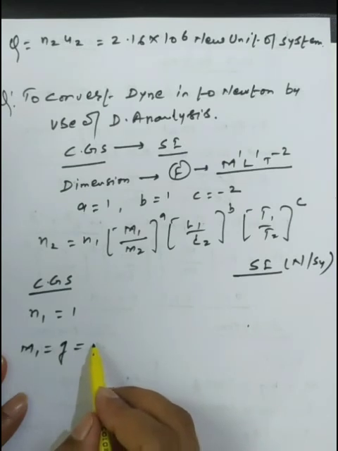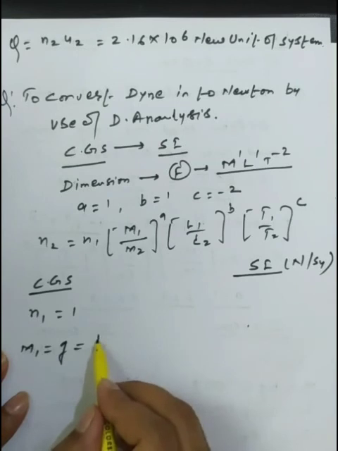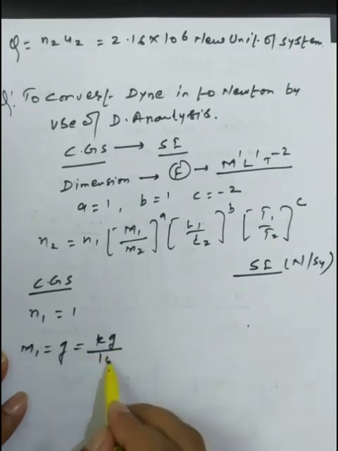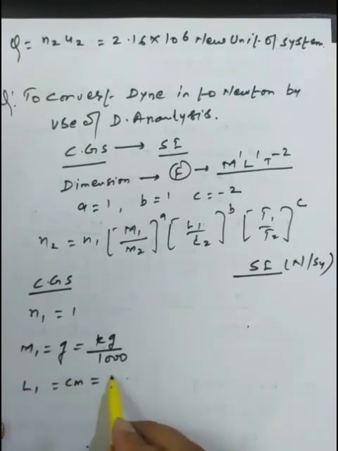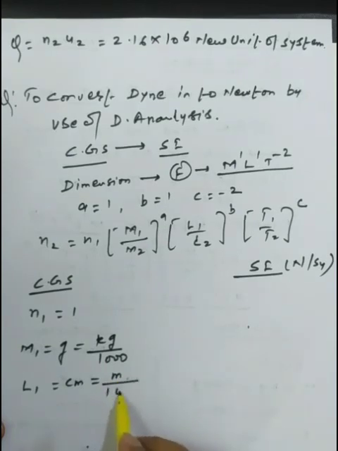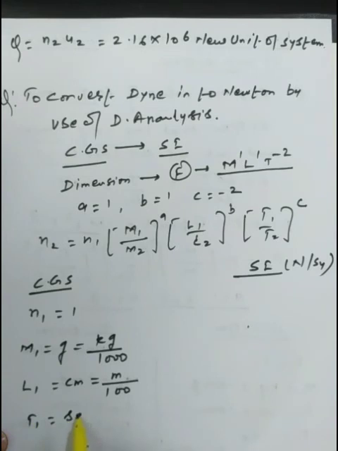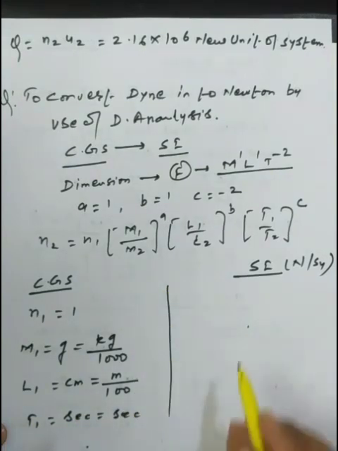We know 1 kilogram is equal to 1000 grams, so gram can be converted into kilogram upon 1000. Similarly, L1 is measured in centimeter, and centimeter can be stated in terms of meter, that is meter upon 100. T1 is in second and stays second. These are the possible conversions.